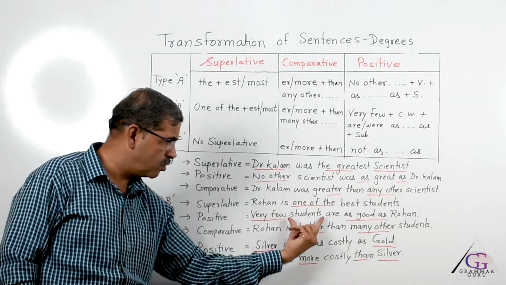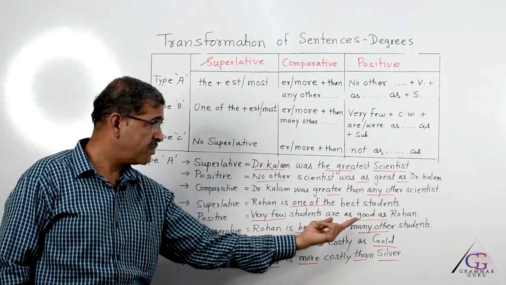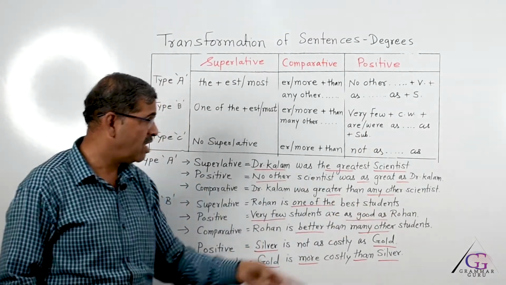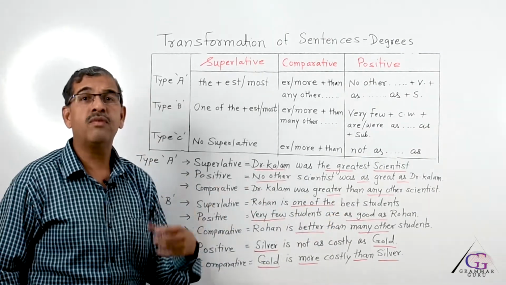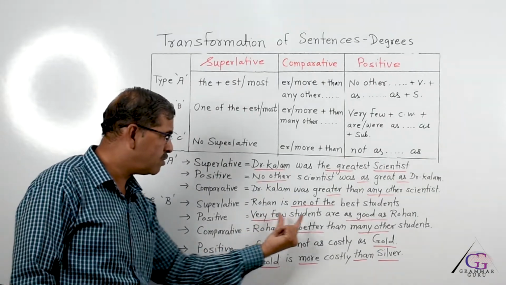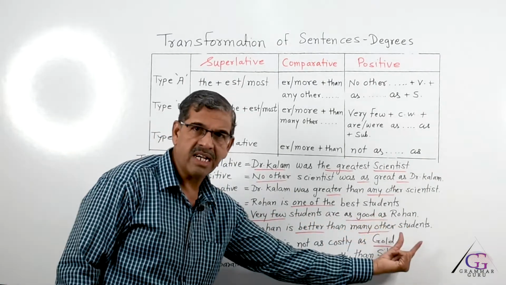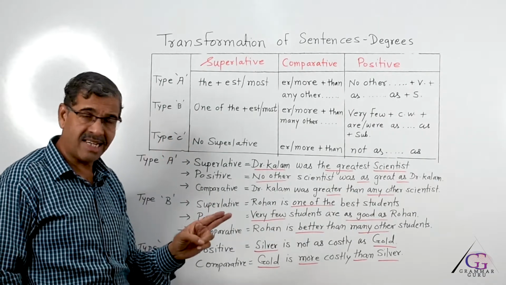So, "very few students", that is very few plus class word plus verb, then "as good as Rohan". Why did we change it to good? Because best is the superlative form of the original positive adjective good. So, "Very few students are as good as Rohan" is the positive form of the type B sentence.